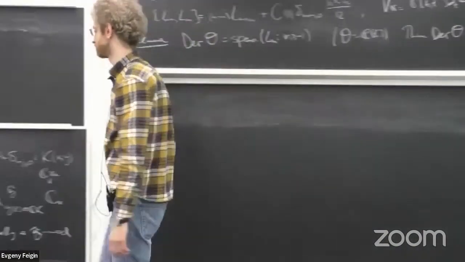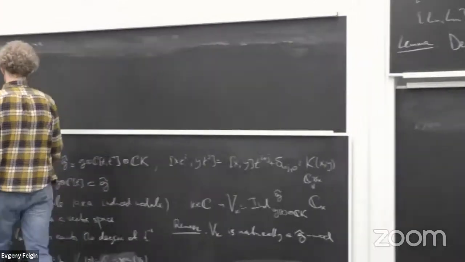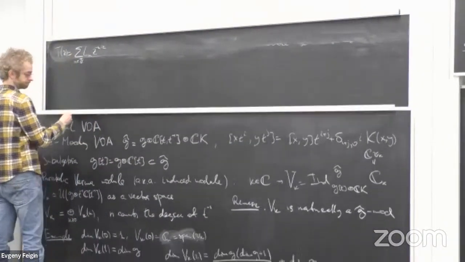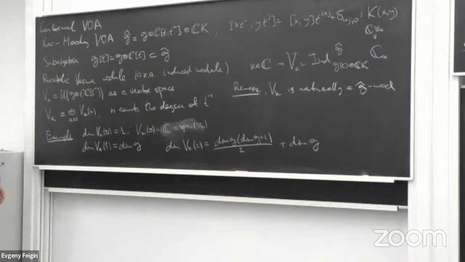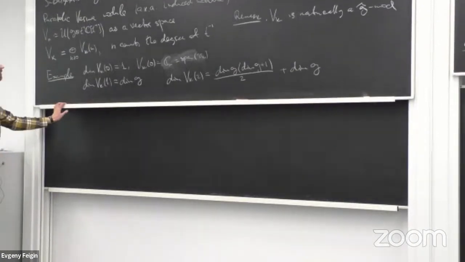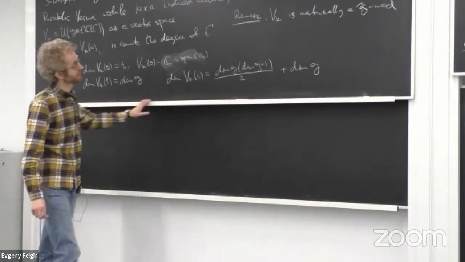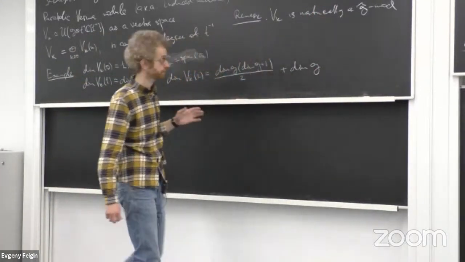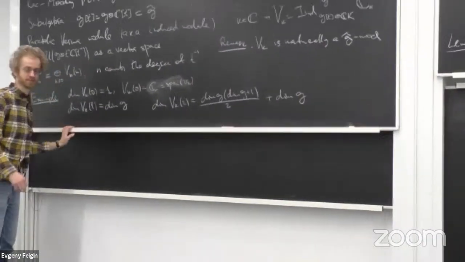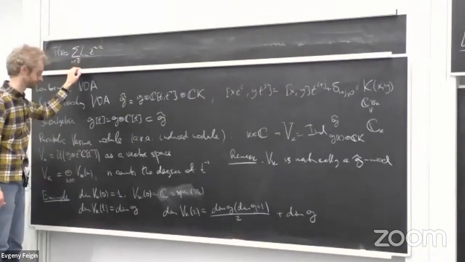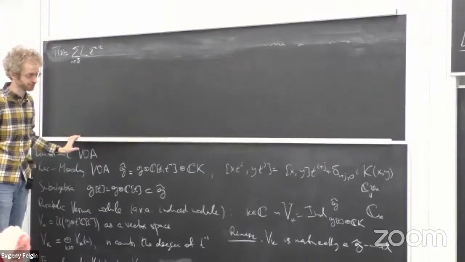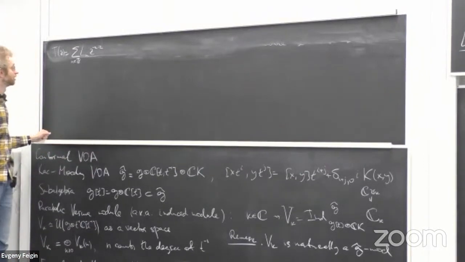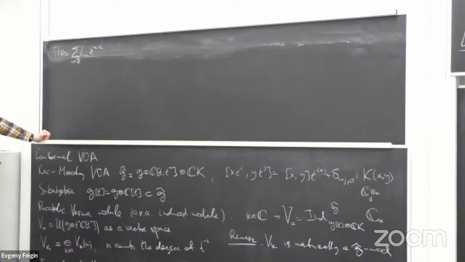If we compare it with the Kac-Moody case, our subalgebra was g[t], which starts from 0. This is more or less the explanation why we need such a shift. But we'll see later why this is really natural. So far, this is a series with coefficients in our Lie algebra.